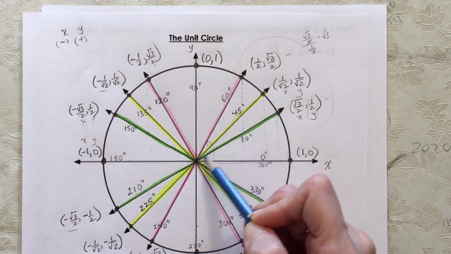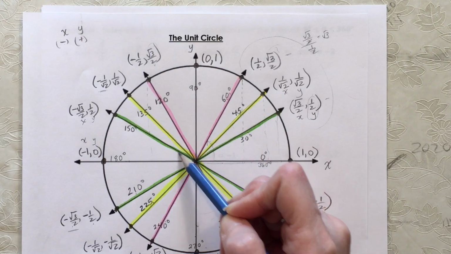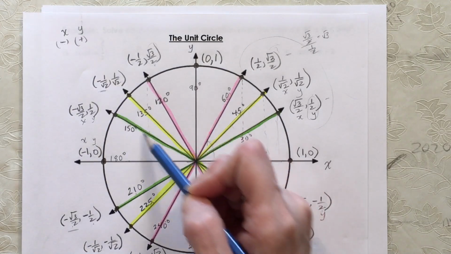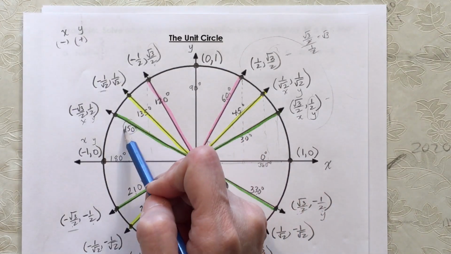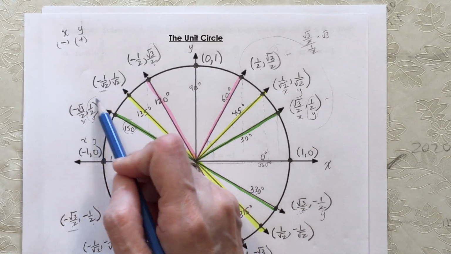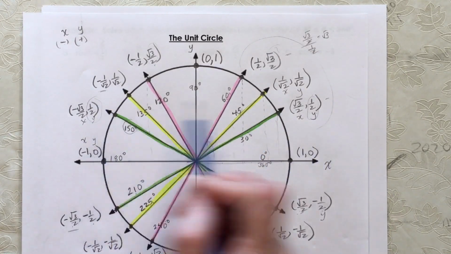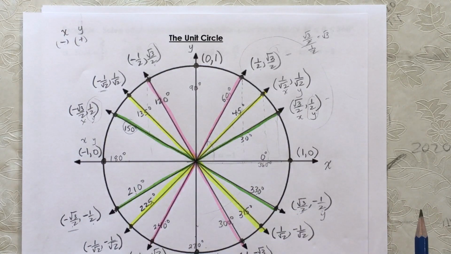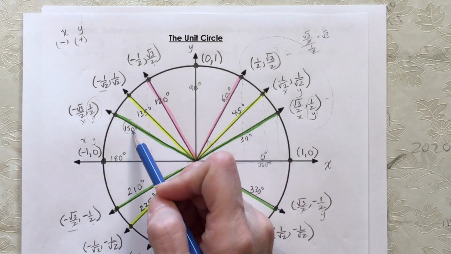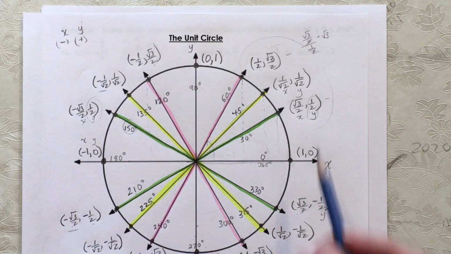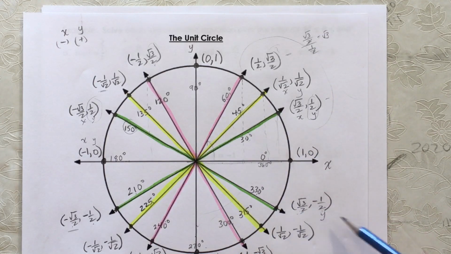For me, the 30-degree triangle is green. Over here, the related 30-degree angle is 150. And if you look at 150, again, the y value is 1/2. So those are the two places between 0 and 360, 30 degrees and 150 degrees, where the y value is 1/2. The other green ones, you can see the y value is negative 1/2, which is different.